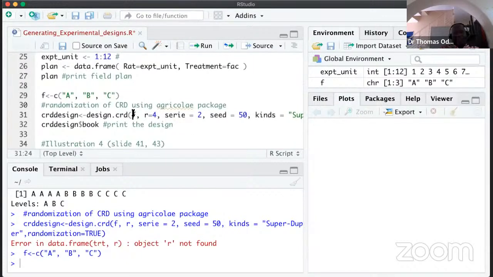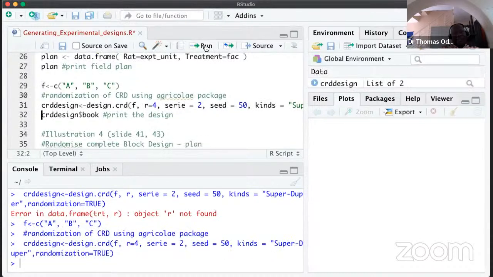So this value is defined, R we set to 4, and then we are going to run again and see what will happen. Okay, this time we don't have an error. So it seems to be okay.